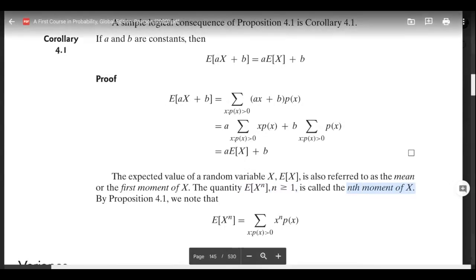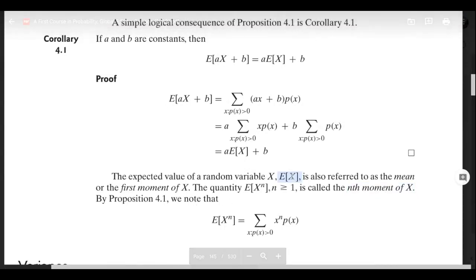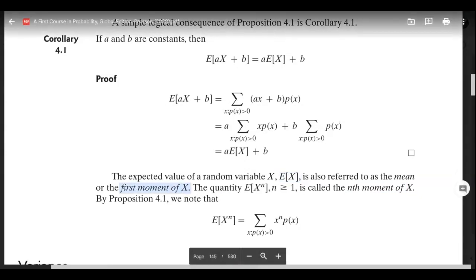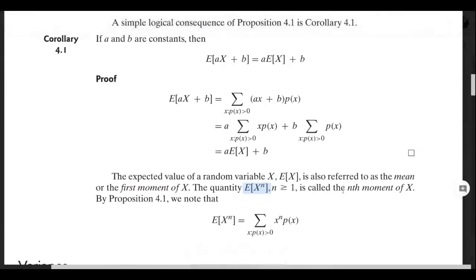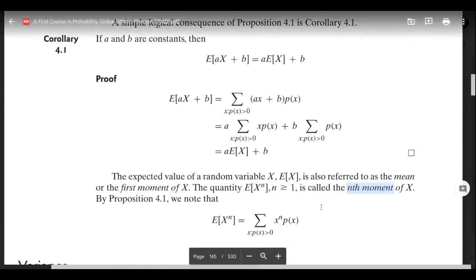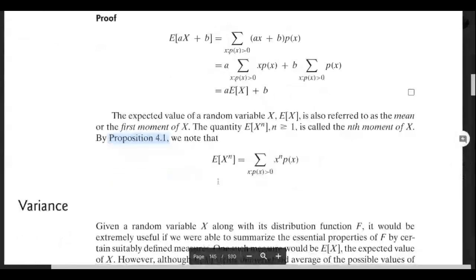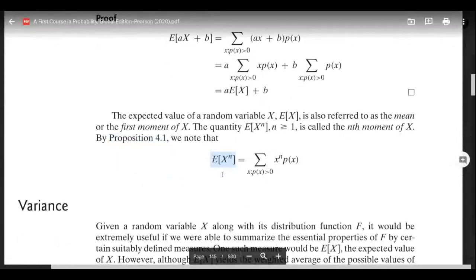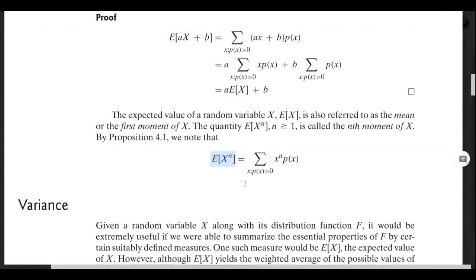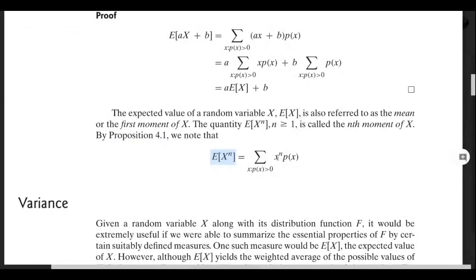All right, I forgot about this. Now I remembered. So X raised to 1 is called the first moment of the random variable, and X raised to n is called the nth moment of X. Okay, so by proposition 4.1, we have the expected value of X raised to n equals this summation of the value of the random variable raised to n, which we did.